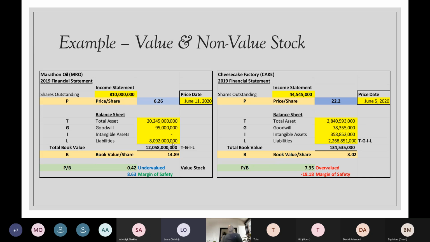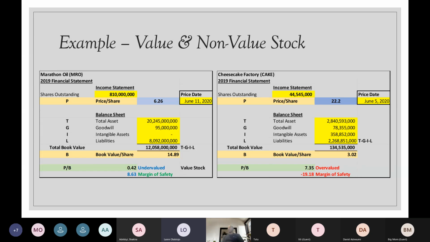Remember what I said earlier on: to calculate the book value, you subtract the liabilities from the tangible assets. Now, the tangible assets essentially are all the assets minus intangible assets. Goodwill is an intangible asset, and then there are other intangible assets. An example would be something like a copyright. If a company has a copyright, that copyright is an asset, but it's not tangible. It's not physical.